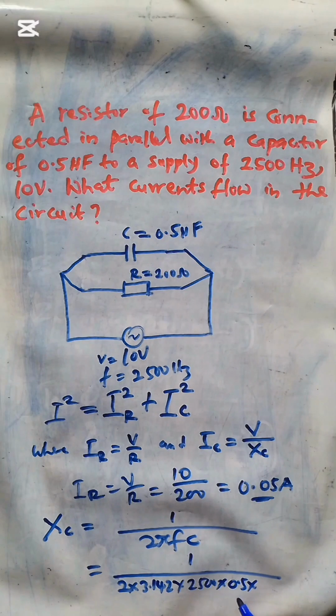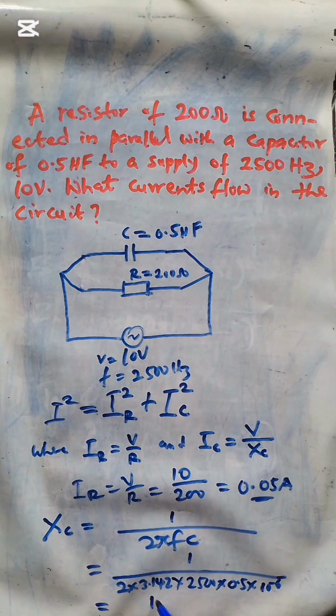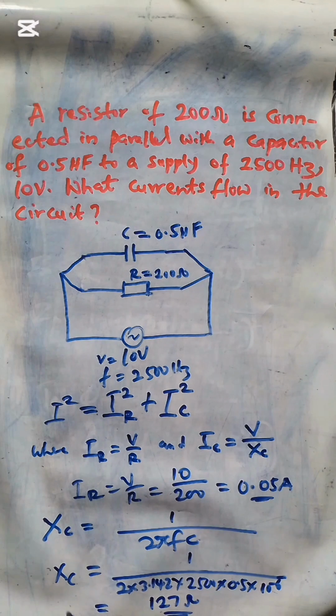Don't forget microfarad, multiplied by 10 raised to the power minus 6. When you press your calculator and divide this, you are going to get 127 ohms as our capacitive reactance. Take note of that.